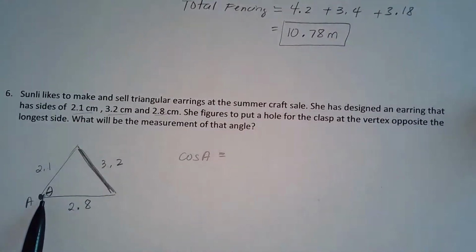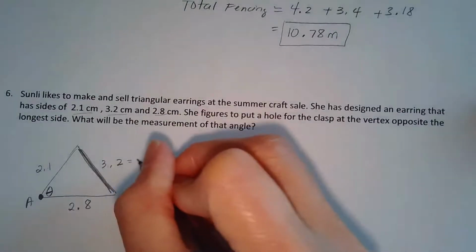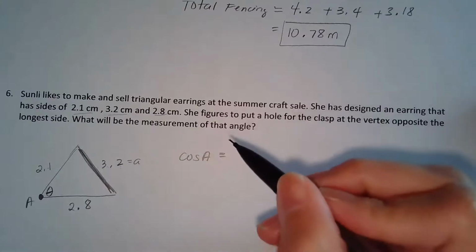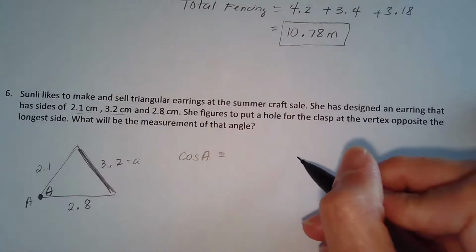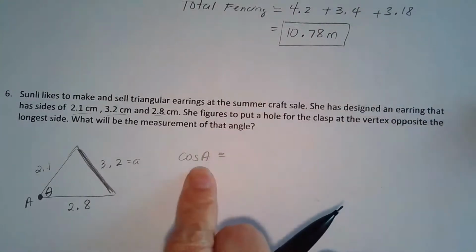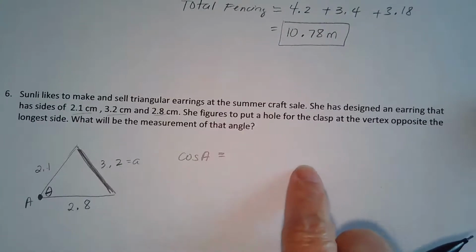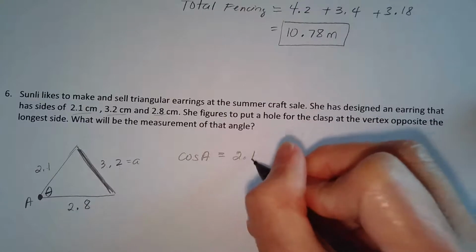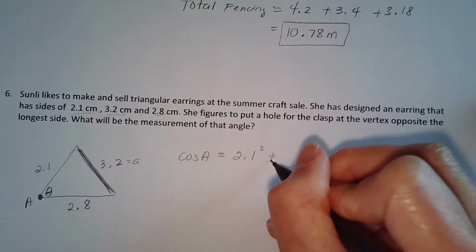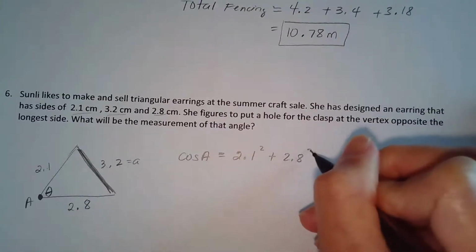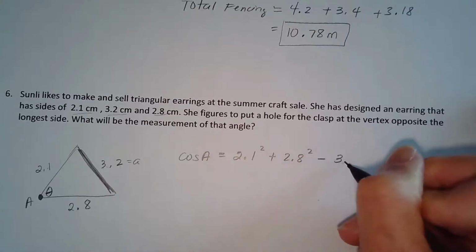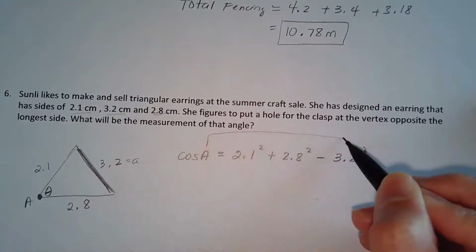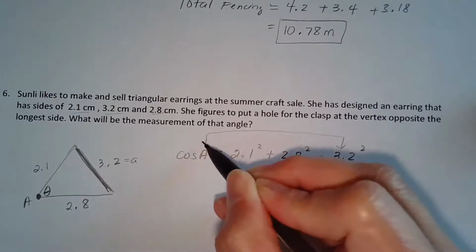So if this is angle A, then this is side A. Going to our equation, we want to make sure that we end with side A at the end. So it's 2.1 squared plus 2.8 squared minus 3.2 squared. This is angle A, and this one would be side A.